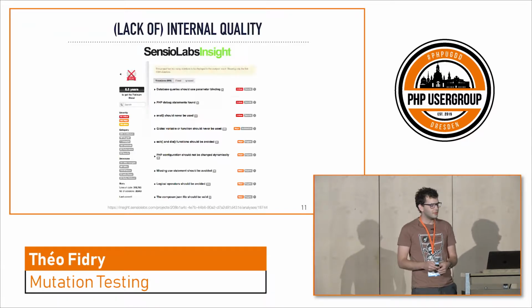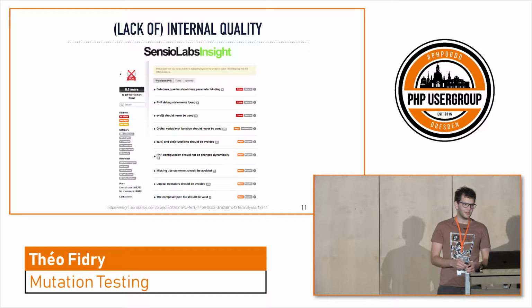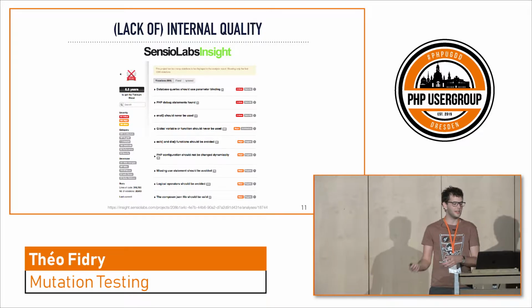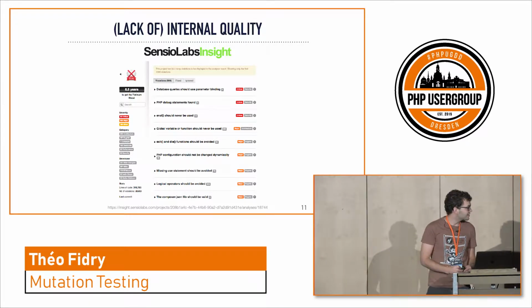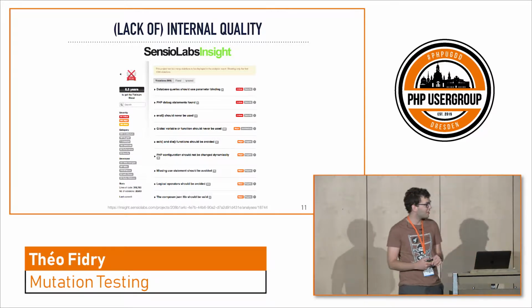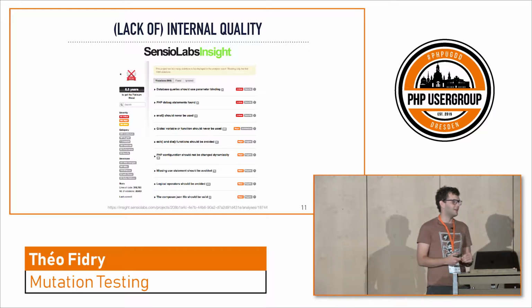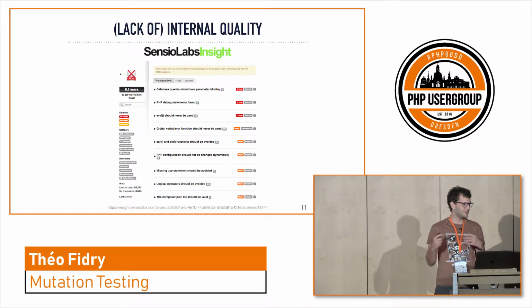Now if we talk about internal quality, that's a report from SensioLabs Insight, which is a quality analysis tool. The project for that report has around 20 critical issues, 700 major issues. We can always question whether the tool is good at detecting things and whether there are false positives, but it doesn't sound too good overall.